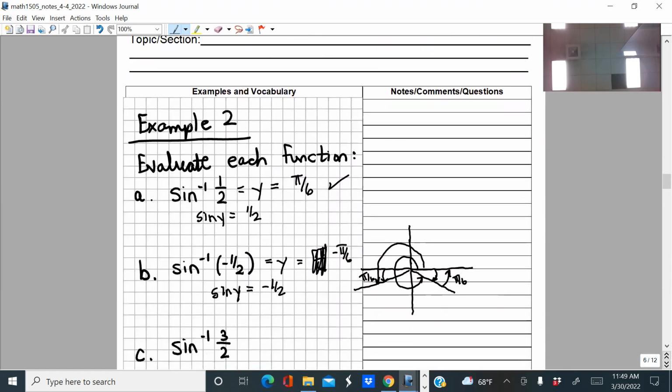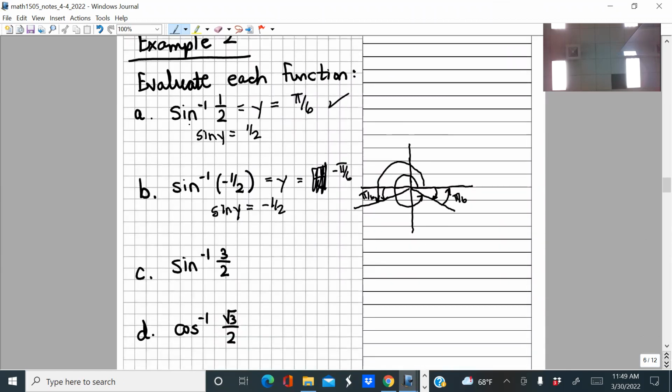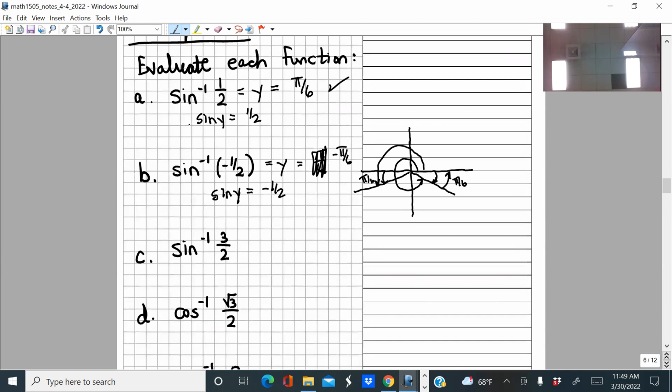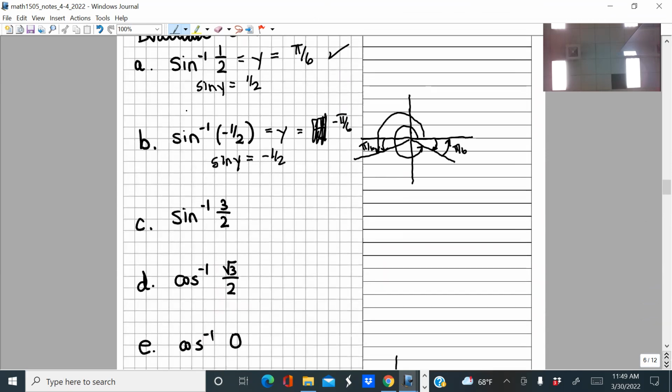All right, let's practice. So we already practiced a couple of them. Let's try a few more before we stop here. So what about sine inverse or arc sine of 3/2? This is a trick question. So what's the answer there? We can figure that out quickly. Remember, you put in a number, right? And you get back a what? Angle. So the answer here is an angle whose sine is 3/2.